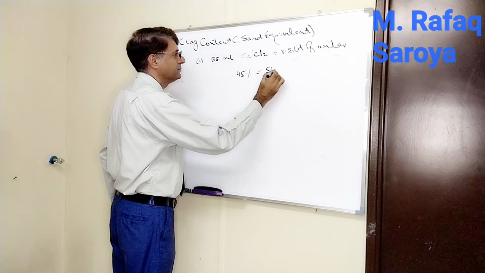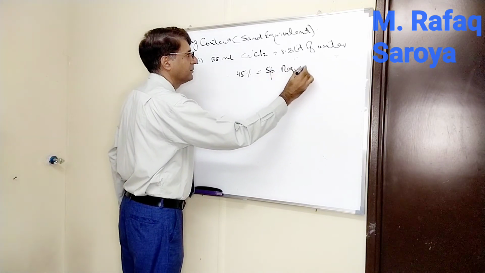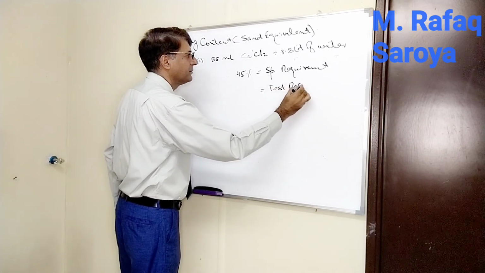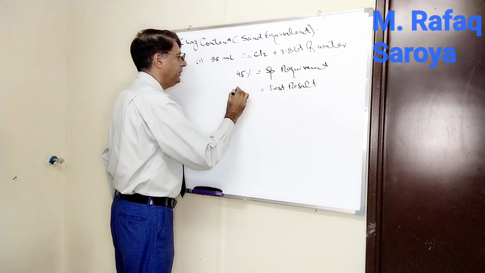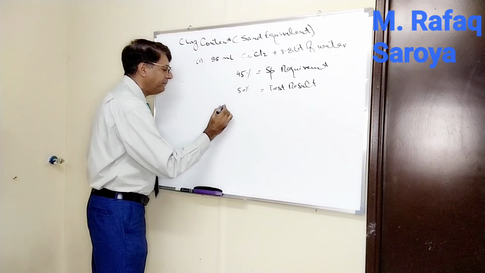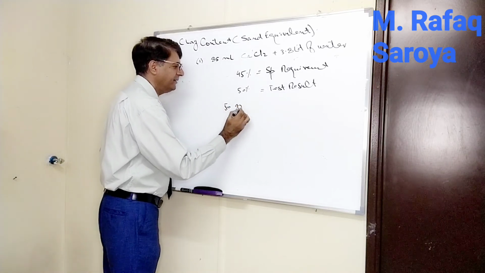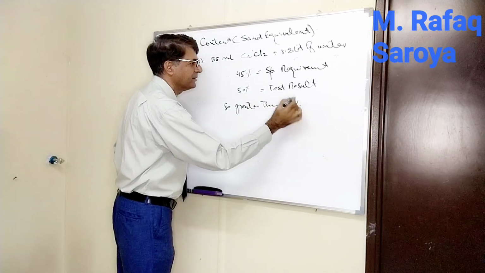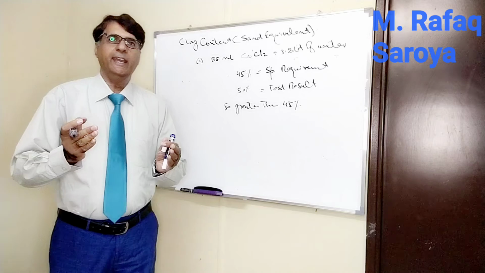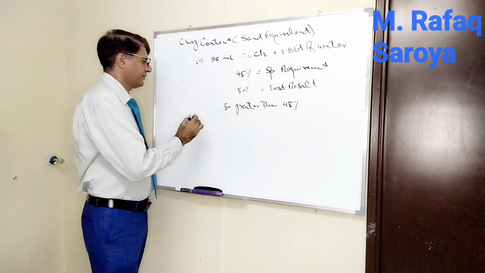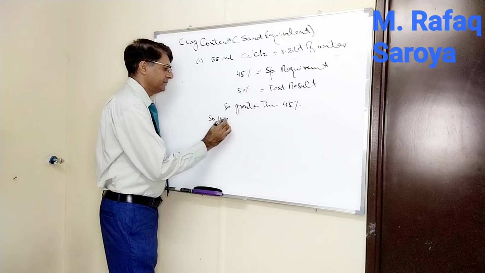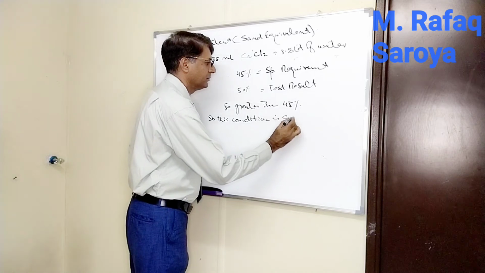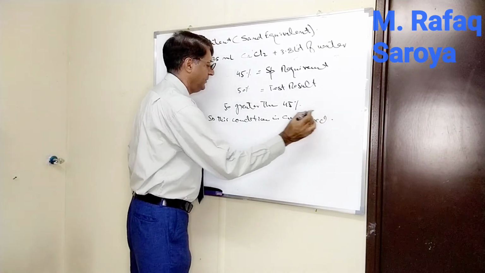That is the specification requirement, but the test result comes out to be 50%. It means 50 is greater than the minimum requirement of 45%, which means for this aggregate, the condition has been complied with. Hence, acceptable.